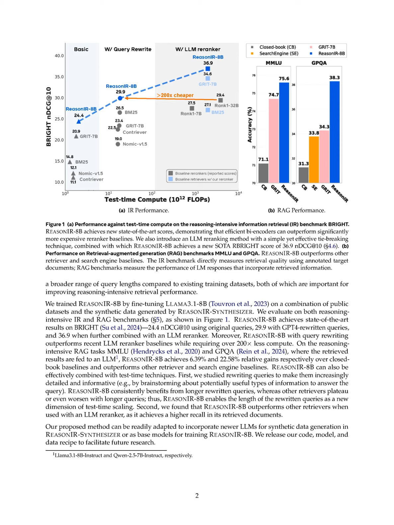Additionally, the model's performance was compared against existing retrievers and LLM re-rankers, showcasing its superior efficiency with over 56% less compute required than traditional LLM re-rankers. The results indicate that ReasonIR-8B effectively improves retrieval quality for reasoning-intensive tasks.